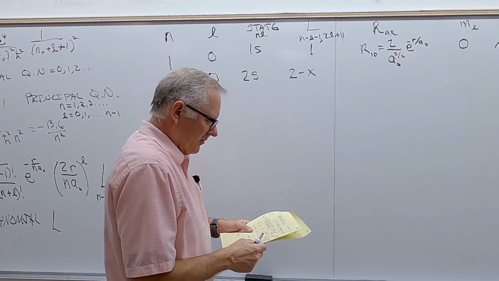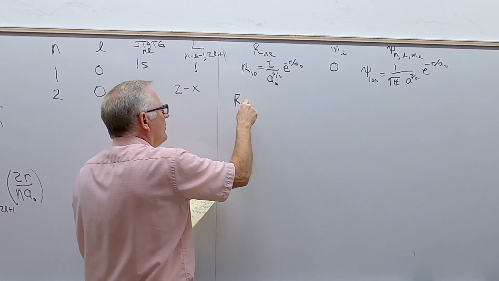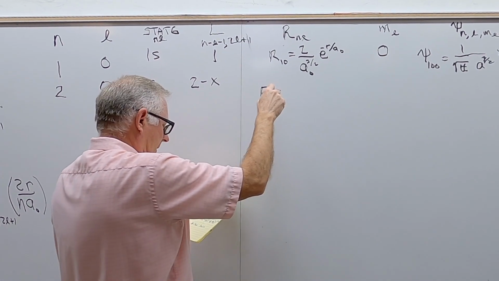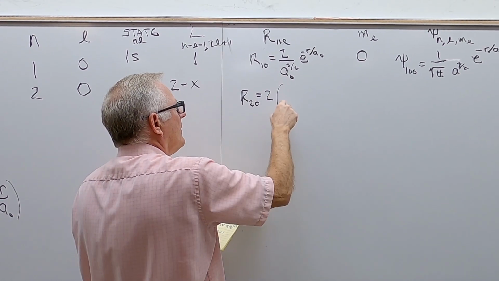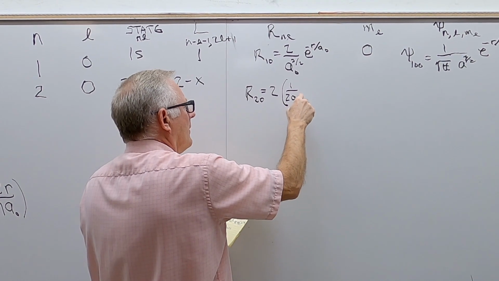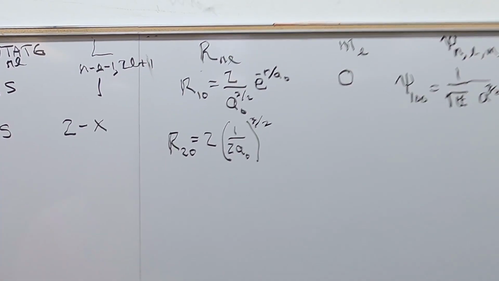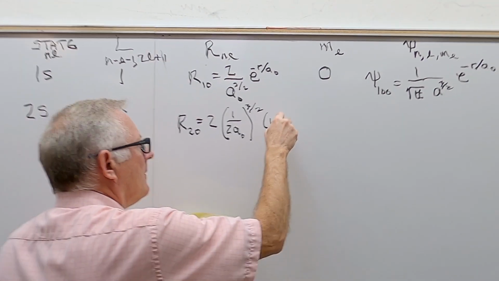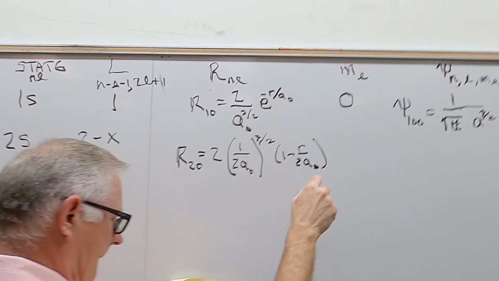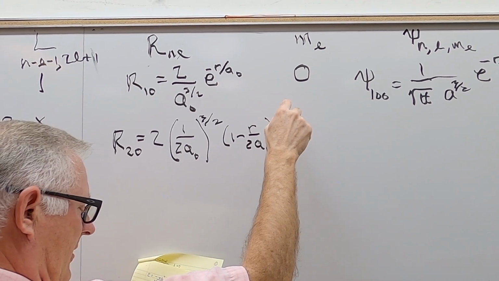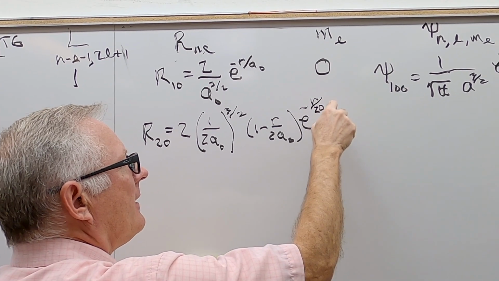Okay, and so now we're on the R20 state, is 2 times 1 over 2a naught to the 3 halves times 1 minus r over 2a naught, e to the minus r over 2a naught.